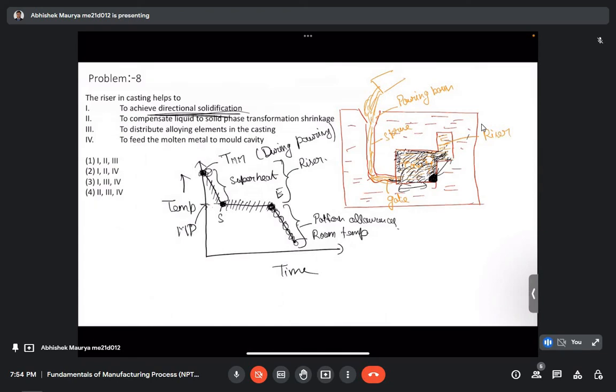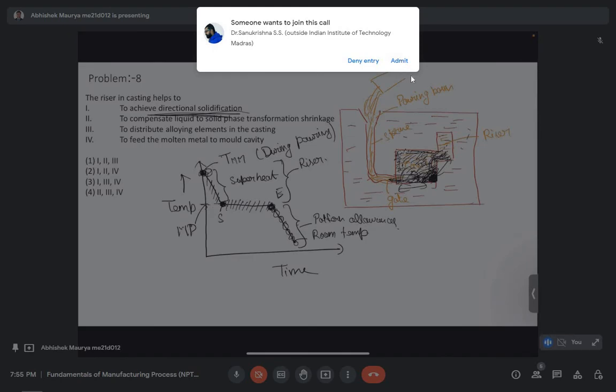As solidification keeps progressing, whatever shrinkage happens in this region, the molten metal will come from the riser or in gate inside the cavity. If the remotest area of the cavity gets solidified in a very good way, then there will not be any shrinkage defects.